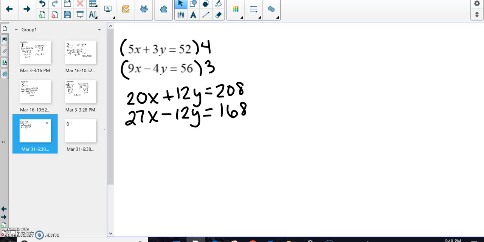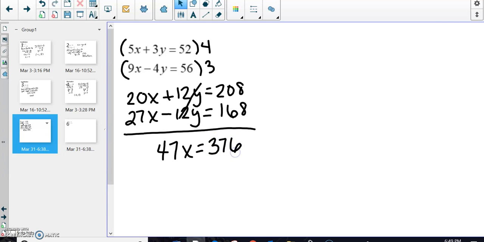And what you'll notice now is the y's get eliminated because I found opposites. Now I'm going to combine the like terms, so the x's combine to be 47x equals 208 plus 168, and that gives me 376. Divide both sides by 47. So 376 divided by 47, x is going to equal 8.